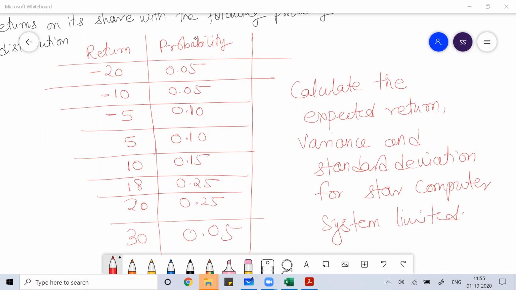Very good, Priyanka. What about others? Now, Priyanka, you got the expected return. Now tell me the standard deviation. Very good, Harish, correct answer.